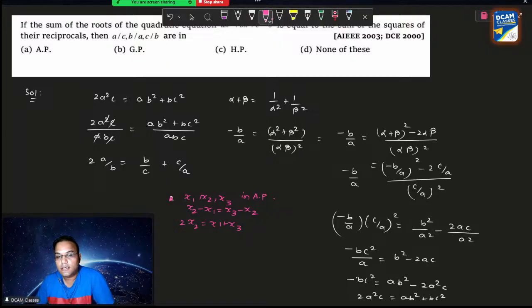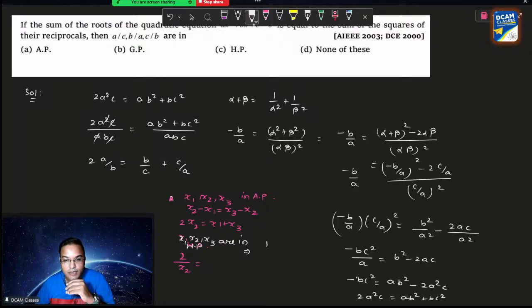And when they are in HP, it's the reciprocals. If x1, x2, x3 are in HP, then to solve it you have to first make them in AP.